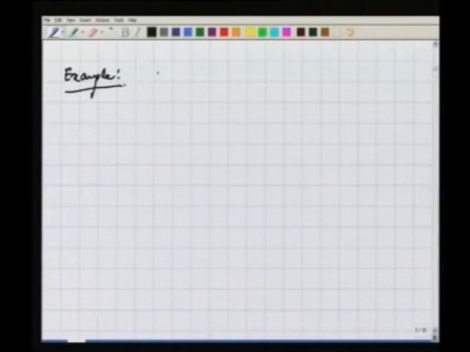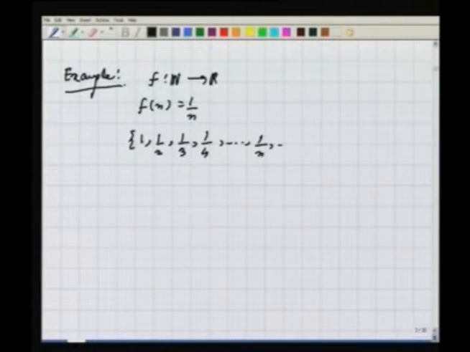Let us define the following function f from the set of natural numbers to the set of reals given by f of n equals 1 by n. I am assuming that 0 is not a natural number. In that case, another representation of this sequence is 1, half, 1/3, 1/4, 1/n and so on. Let us say this is the first example. We will see some more.